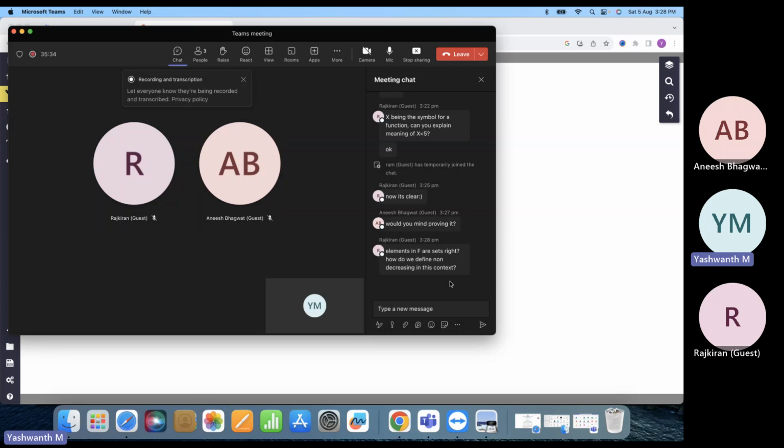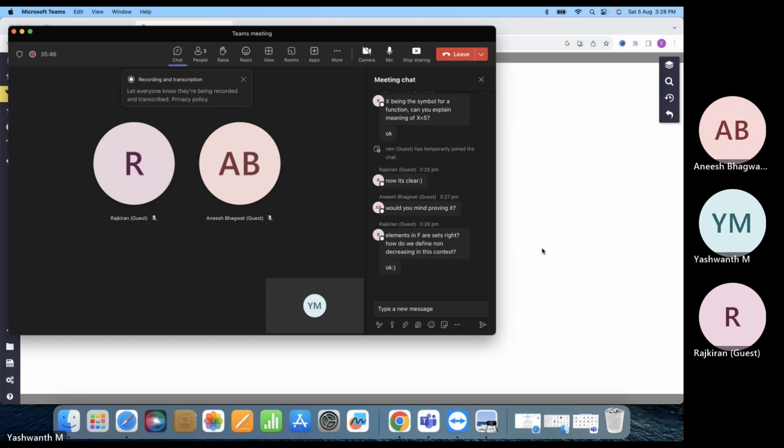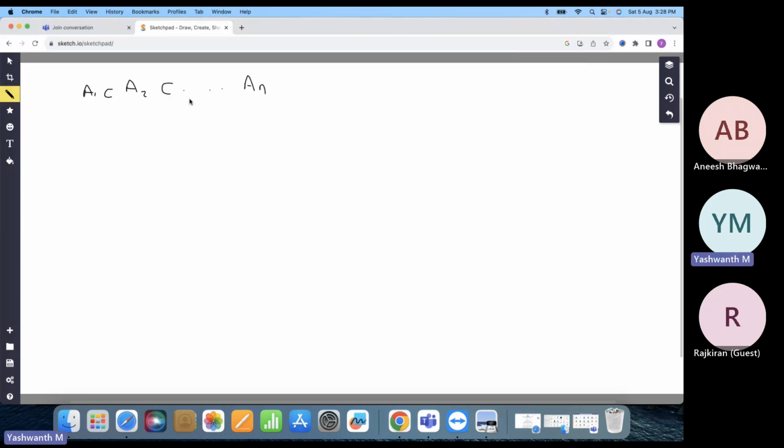If A is a subset of B, then B is bigger than A. That's how you define it for sets, not less than or greater than. This is how we define an increasing sequence of sets, and An is nothing but the union of all these Ai up to n.